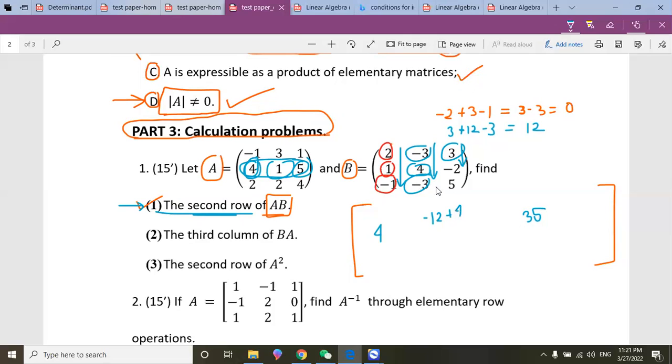And then 5 multiply -3 will be -15, right? Yeah. So okay, it will be +4, 7, and 3. 37 plus 4.